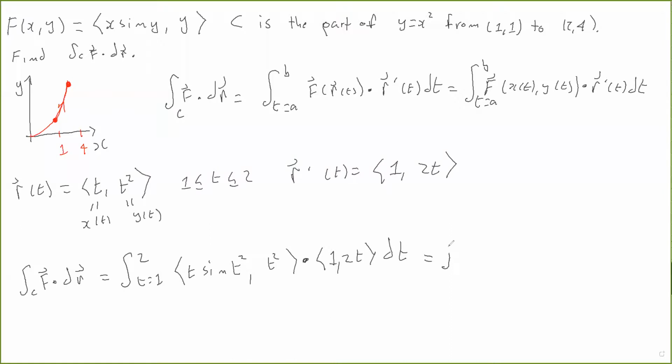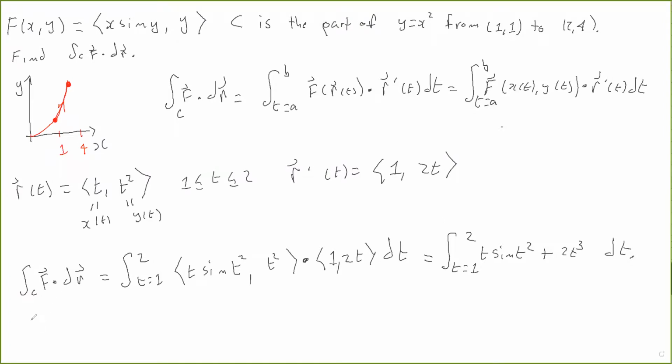This is equal to the integral from t equals 1 to 2 of t sine t squared plus 2t cubed dt. Okay, so now this is the integral that we need to solve. At this point, this is just a Calc 1 problem, and you can solve it using any method that you want.